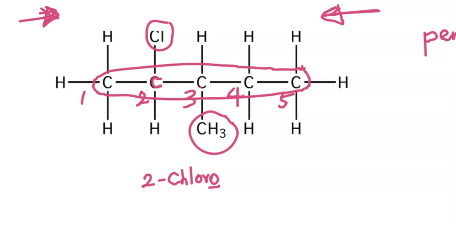Now we have another substituent to put the position on. I will put another dash, 3-methyl, and then I will just write the name pentane.